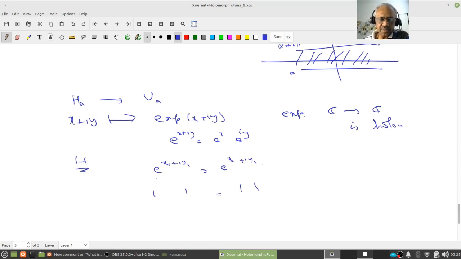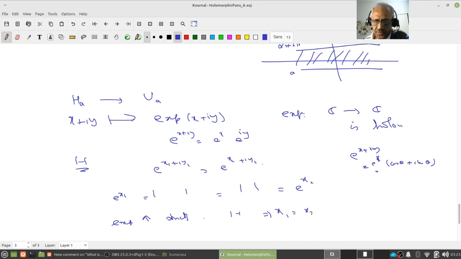The modulus of the left is e power x1, and on the right e power x2, because e power x plus iy is e power x into cos y plus I sin y, so the modulus is e power x. Now remember, exponential is strictly monotonically increasing, therefore it is one-one, and hence x1 must be equal to x2.